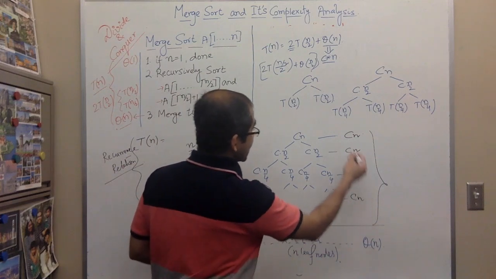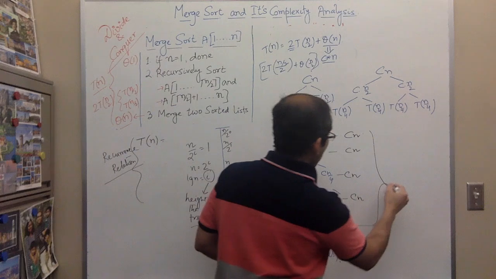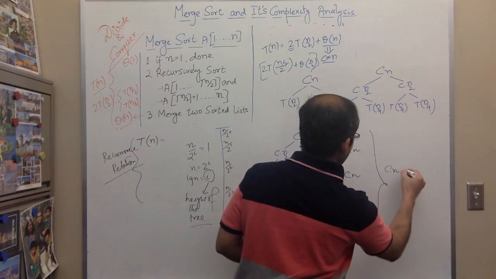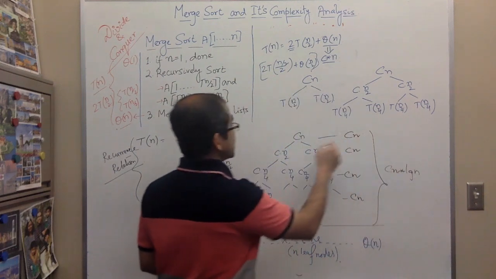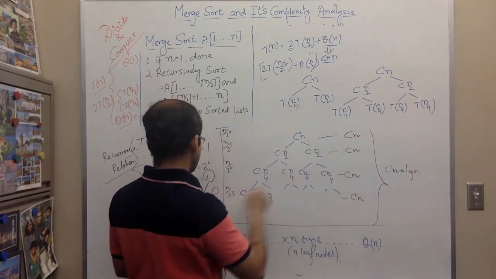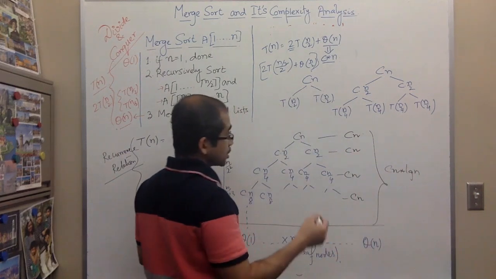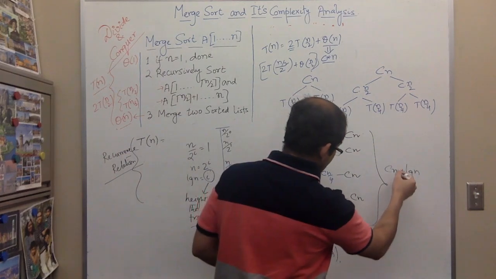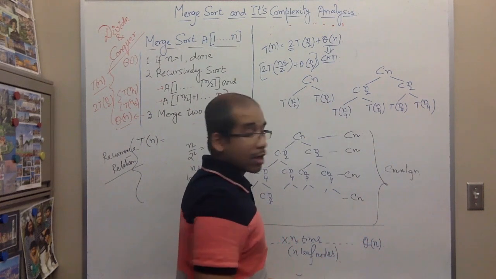Without the last level, Cn appears log n times. Every level is Cn, second level Cn, third level Cn. So it is Cn times log n, where log n is the height. The total cost for this part is Cn log n, and for the leaf part it is theta of n.